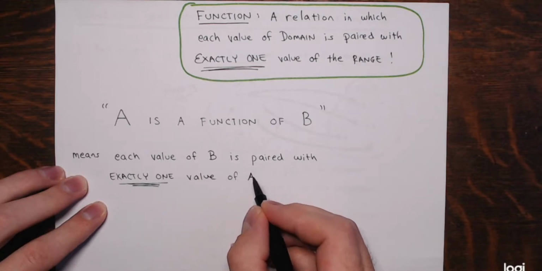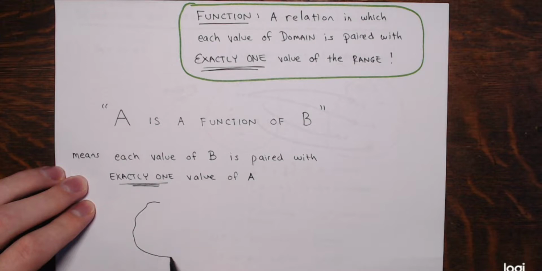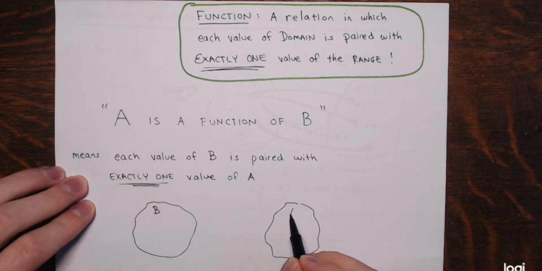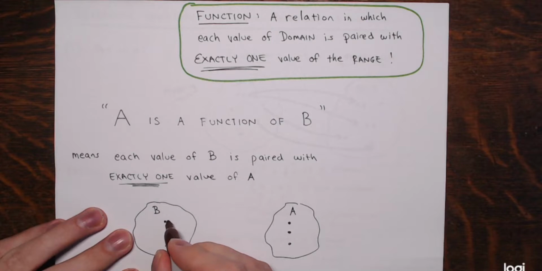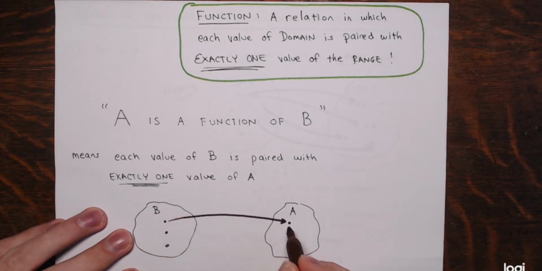So if you had here's set B, here's set A, that means take all the elements of B, they're paired with exactly one element of A. So if I did these pairings again, this element pairs with this element, and this element pairs with this element, and this element pairs with this element.